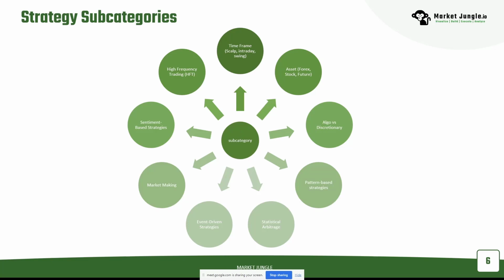So when we start to look at the breakdown and the components of the strategies, these are also other things that traders are going to think through when they're trying to develop a strategy, and they're going to clearly document these items as they're starting to define the framework that they want to trade by or the framework that they want to test. So some of those items are, what are those time frames that the trader wants to trade? Are they going to be looking to scalp?